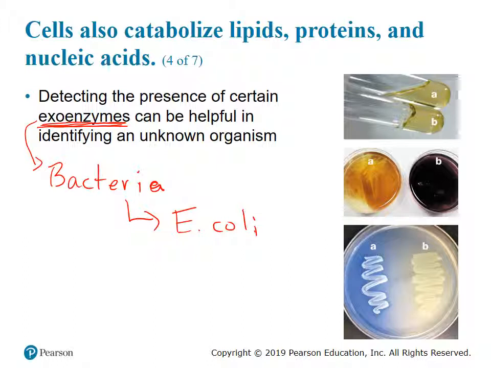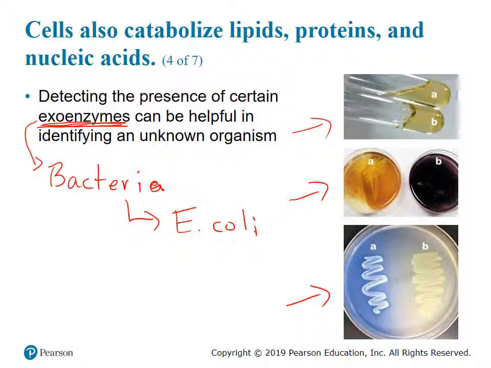And that's really what we're seeing here. Each of these pictures represents some of the media and some of the changes that we can read, because that certain species is secreting exoenzymes to break down certain types of macromolecules.